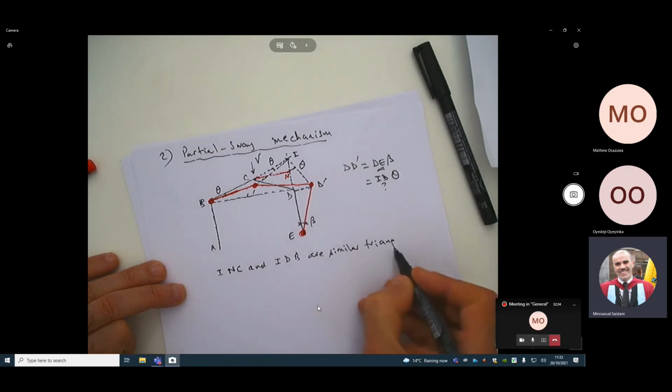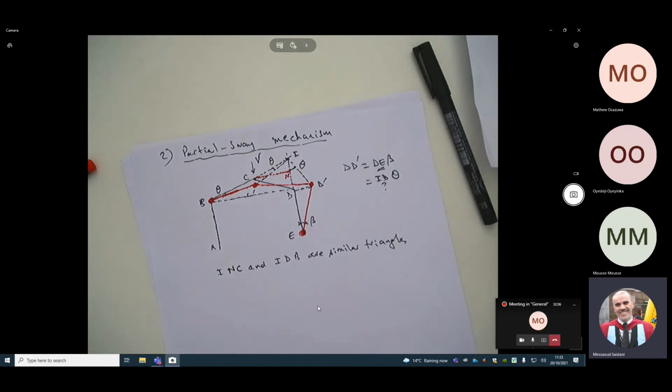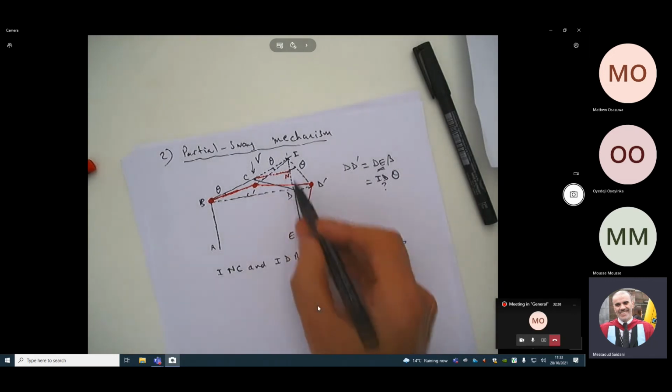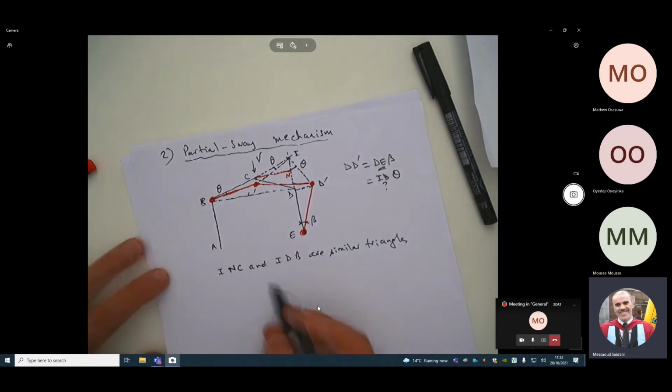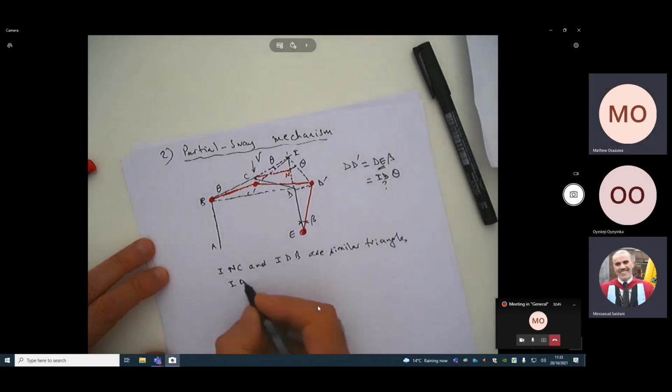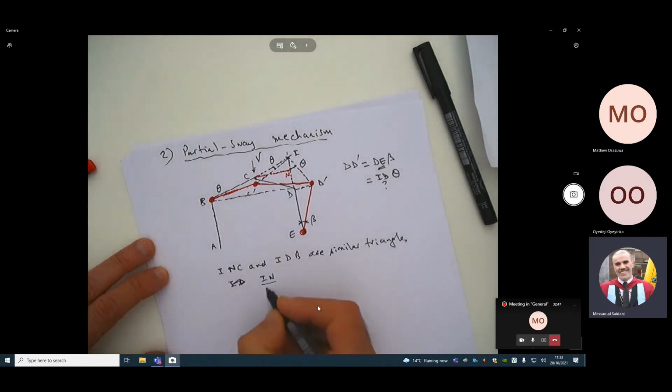You agree that INC and IDB are similar triangles? Yes? So we have IN over NC is equal to ID over DB. Agreed?